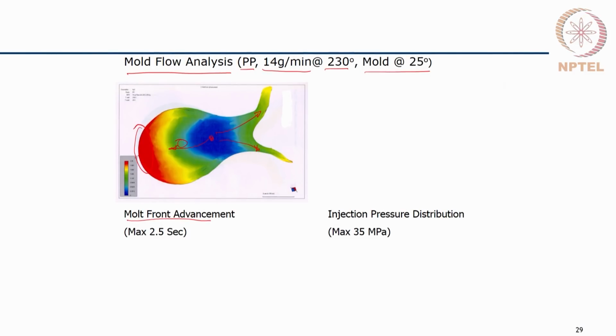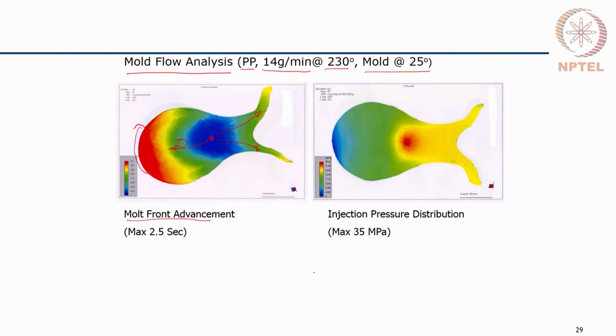One can also analyze the injection pressure that is required for filling this cavity and its distribution. Injection pressure also decides the mold holding force that is required, and thereby the capacity of the machine itself to provide the clamping force that is required to hold the molds together.